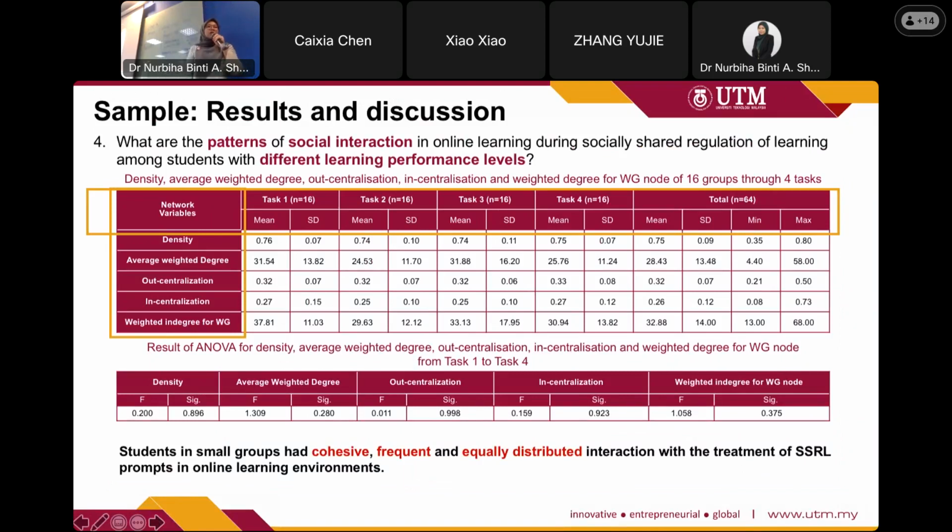This is an example of a table used in results and discussion. You see here, sometimes a lot of students think that they only need to have one column and one row, when instead you can have a combination of columns such as this: mean and standard deviation for task 1, mean and standard deviation for task 2.